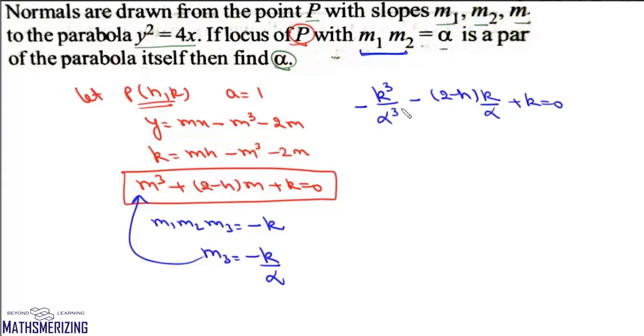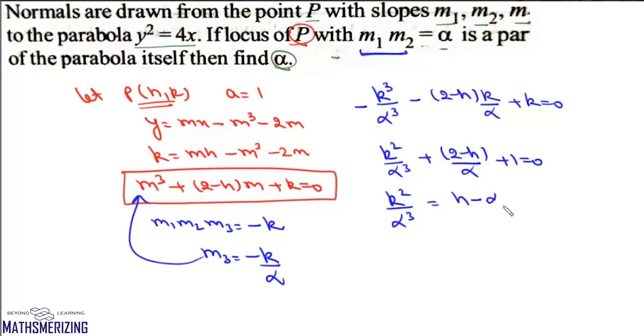So we can take this k common, and then we can write this as k square upon alpha cube plus (2 minus h) upon alpha, and then plus 1 equals 0. So we can write this as k square upon alpha cube equals (h minus alpha minus 2) upon alpha.